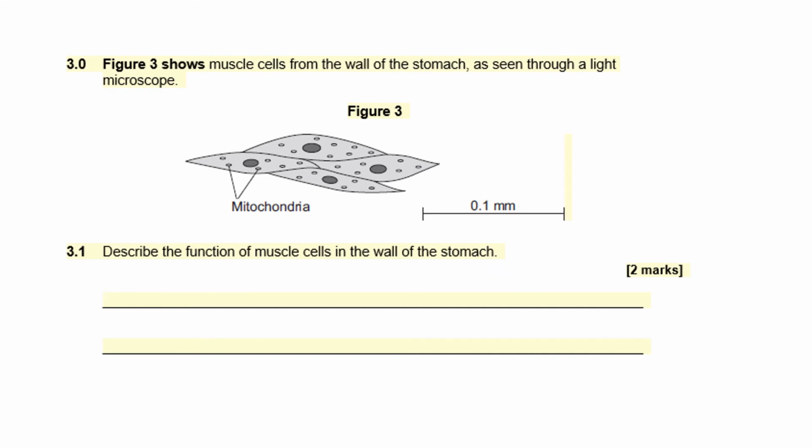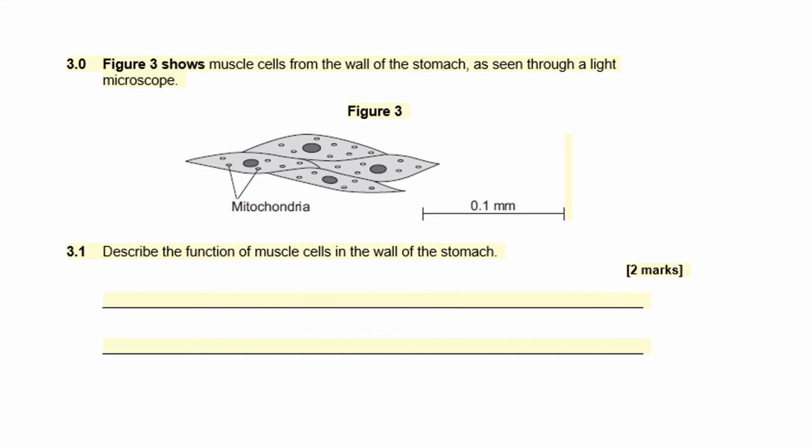So the first point that they give you a mark for is you can either say contract or relax, either one of those. So the function of muscle cells is that they contract. That will be 1 mark. The second mark is asking you to relate that to the wall of the stomach. So why will the wall of the stomach want those contractions?